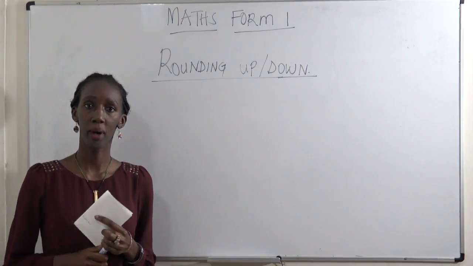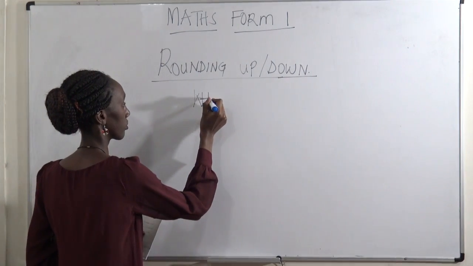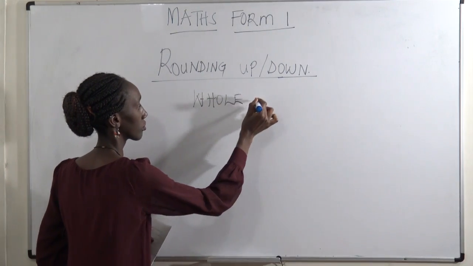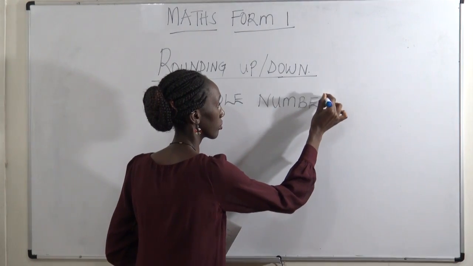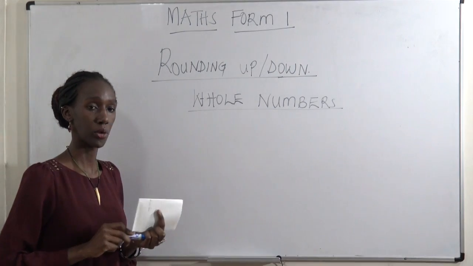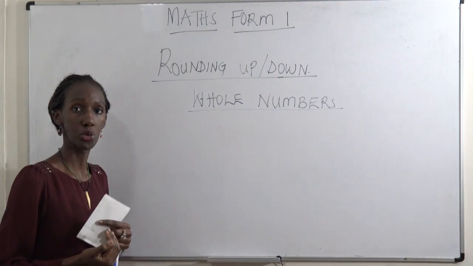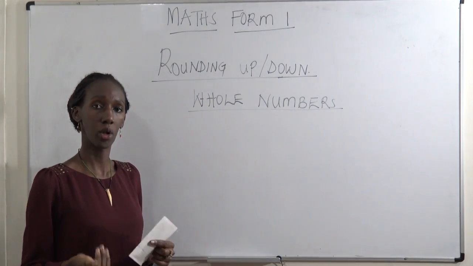So let us start by rounding up whole numbers. If I'm supposed to round up whole numbers, what is the guiding principle that is going to help me to round any number that I'm given that is a whole number?